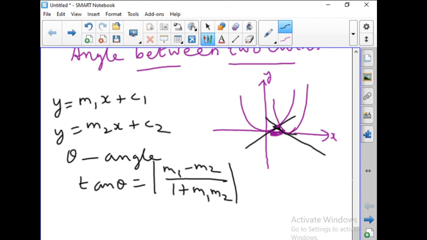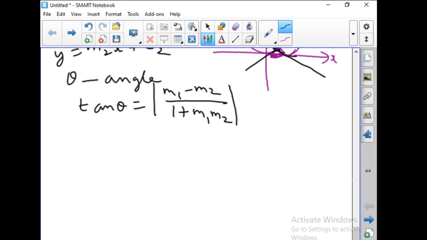This is the formula to find the angle between the tangents. So m1 and m2 are the slopes of the two curves.